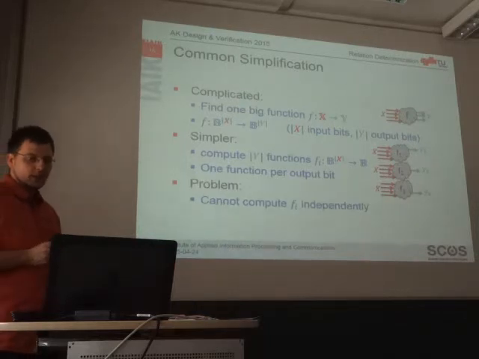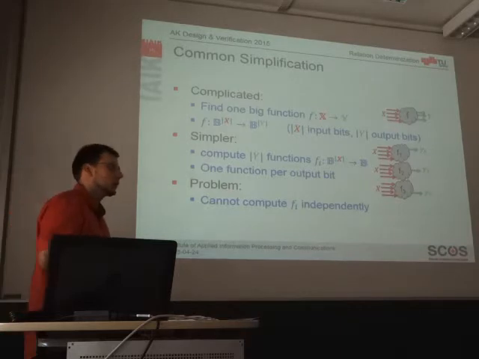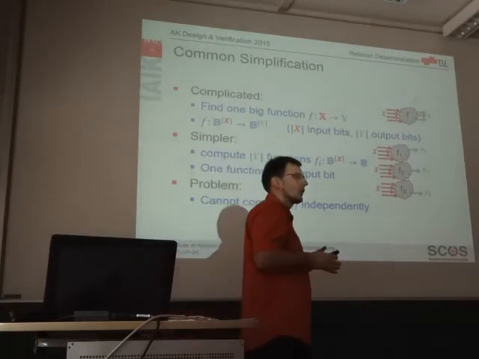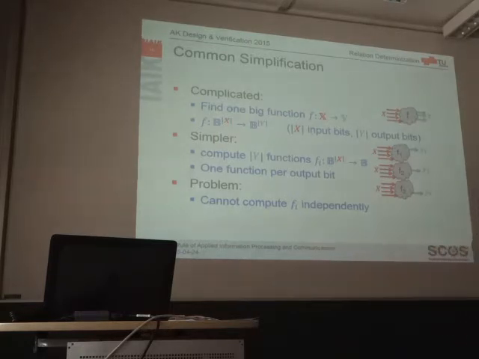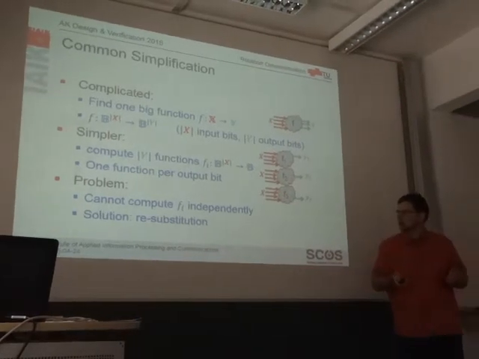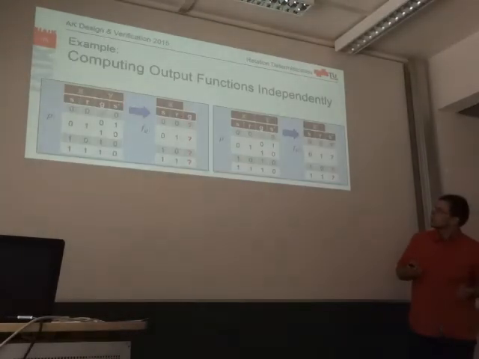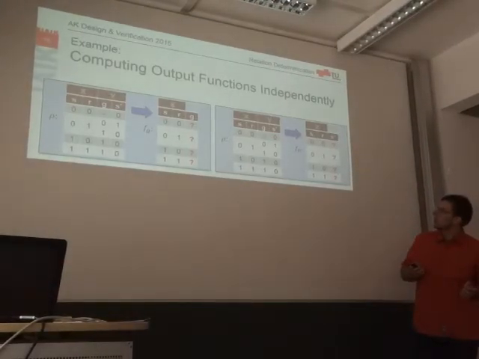But as I already said with the challenges before, you cannot really compute these functions independently because there might be some dependencies between them. And we will need something called resubstitution to solve this problem, and we'll see that in an example a little bit later. Or actually, right now.